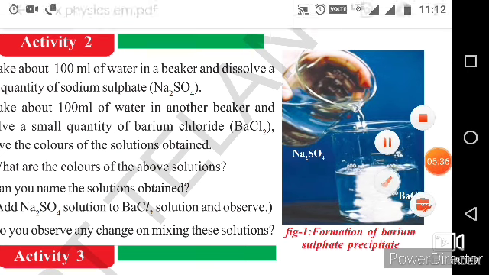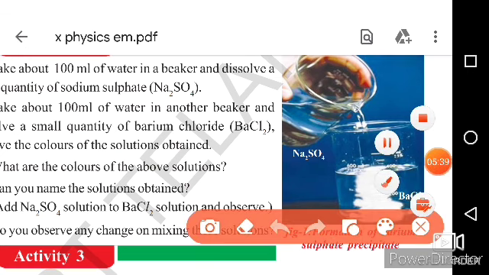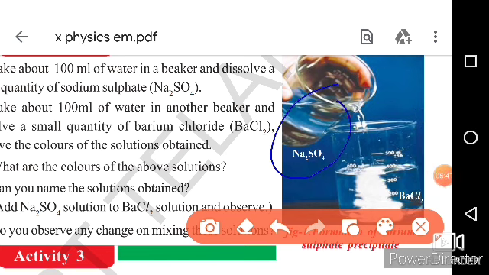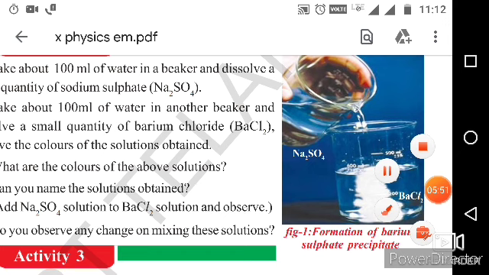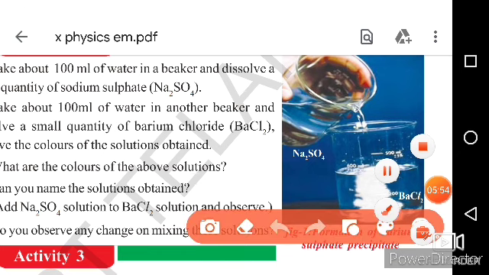What happened? This is sodium sulfate, downside barium chloride. So in this barium chloride solution, this white color you are observing, this white color means this is PPT. It is insoluble. That's why we can easily observe it in the solution.